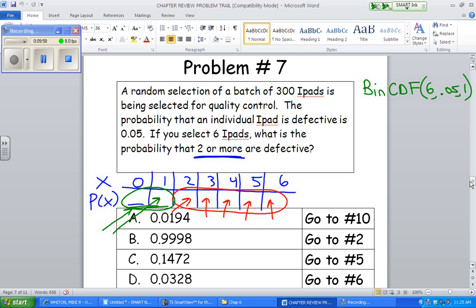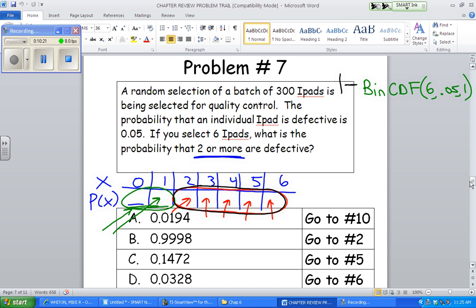We don't want to include 2 here. Then to get our final answer, we take 1 minus that, and that would give you all of the red ones that we want, which is 2 or more. So it's 1 minus the binomial CDF. That will give you the chance that it's 2 or more.